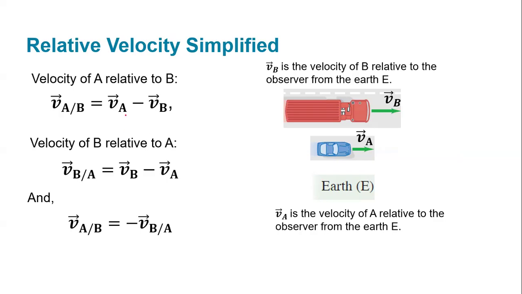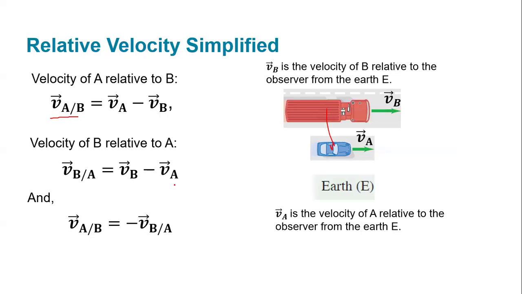Then if you are interested to find the velocity of this particle with respect to the other particle B, the velocity of A relative to B is equal to VA minus VB. Or if you want to find the velocity of B relative to A, it is just equal to VB minus VA.